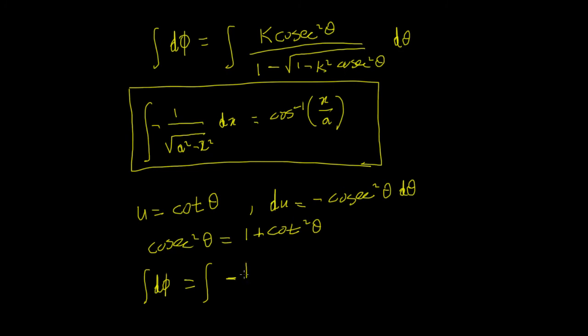So it's minus k, and in place of the cosec squared d theta we can put in du, all upon the root of 1 minus k squared, and this will have to be in the form 1 plus u squared, okay, all by du.